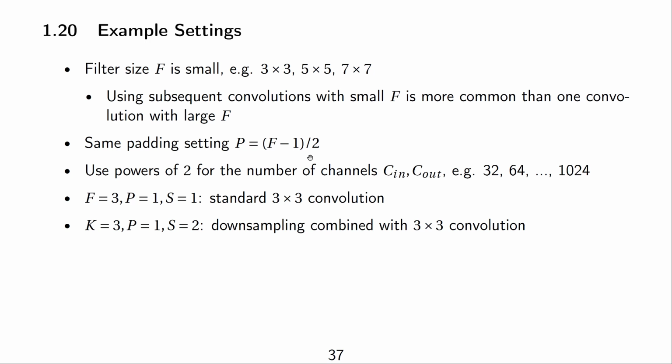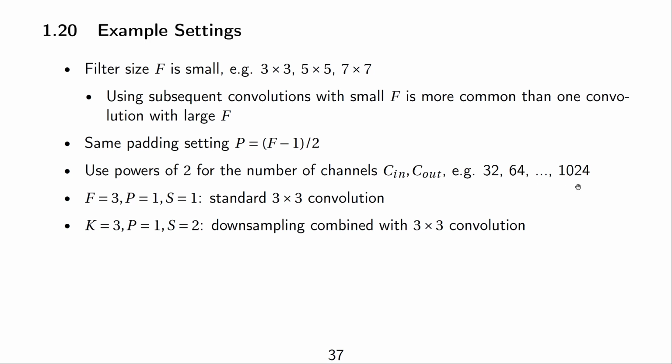Same padding, or setting the padding as filter size minus 1 divided by 2, is a dominant choice. Then the number of channels, how many do we have? Typically, we process tensors that have powers of 2 number of channels, for example, 32, 64, up to 1024.